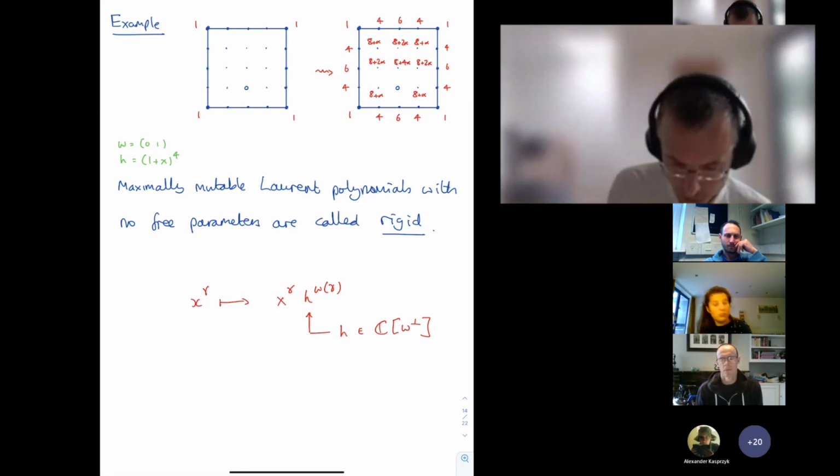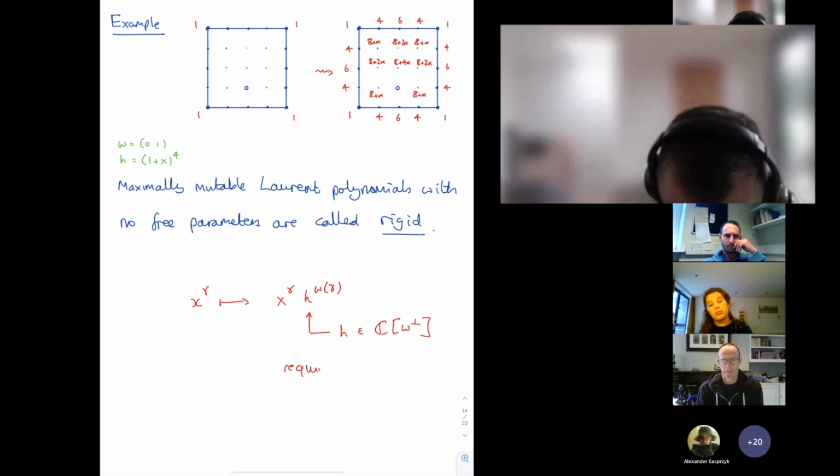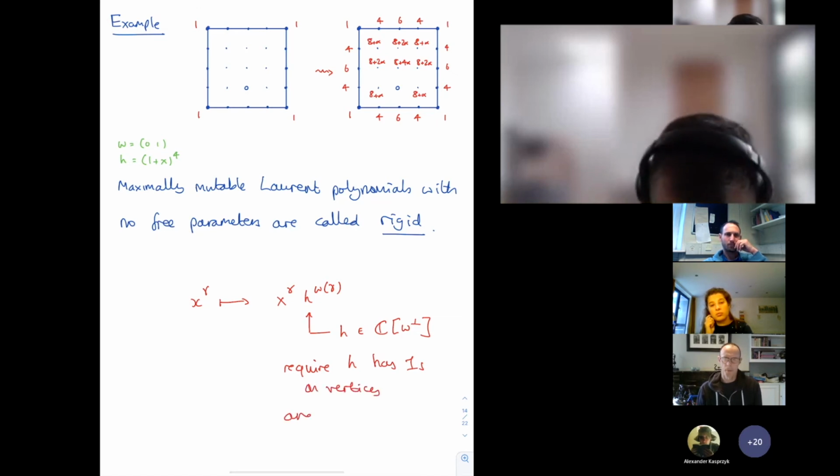So this is a general cluster transformation, and it has these properties, but we also require that H has ones on the vertices and has coefficients in the natural numbers.